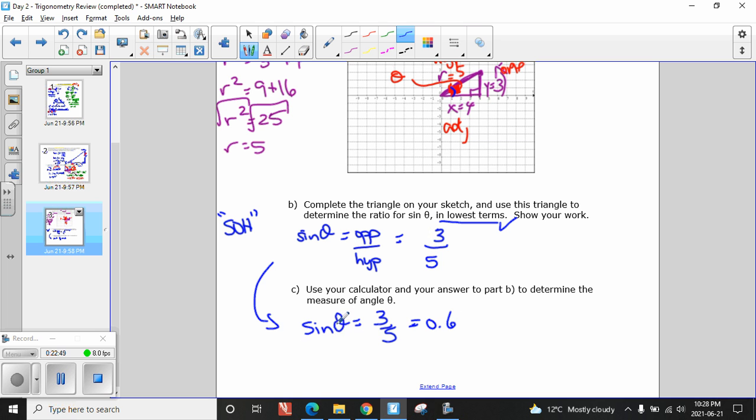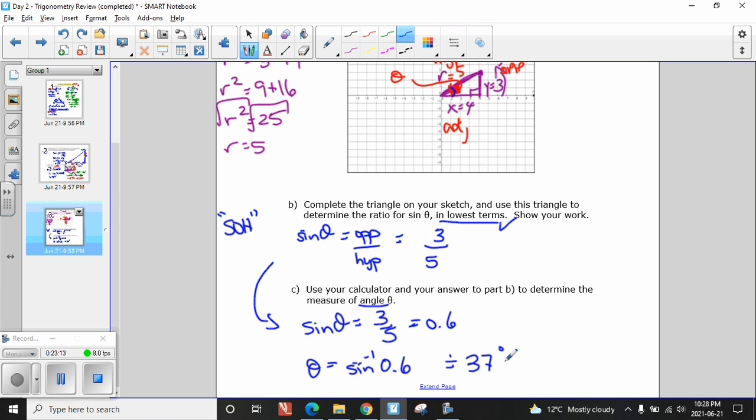And in this equation, theta is the unknown that we're trying to find. So I want to get rid of sine. I'm going to use inverse sine to get rid of that. Inverse sine of 0.6. And that answer comes out to around 37 degrees.